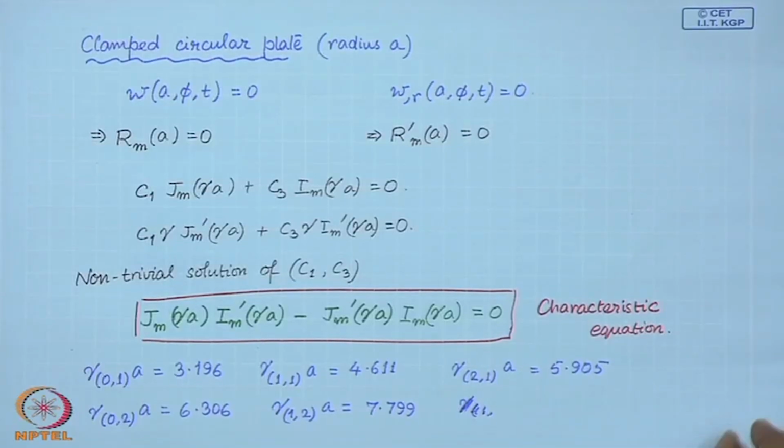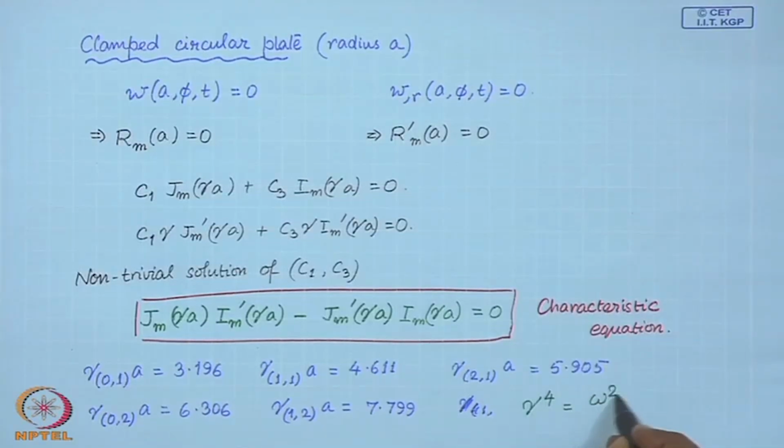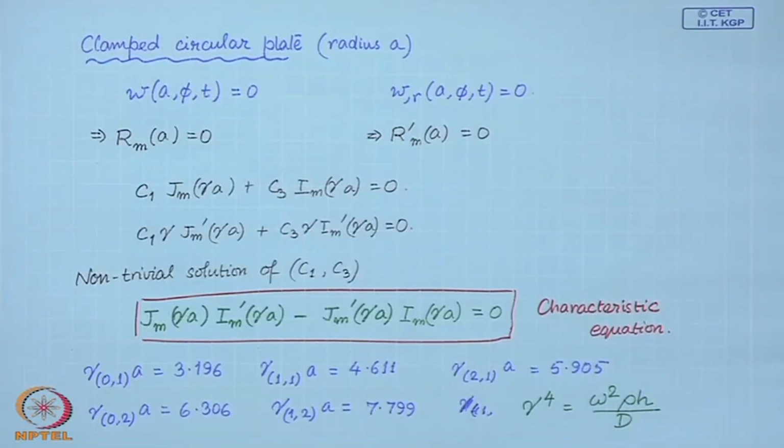So these are some of the initial values of gamma, and we already know that this gamma power 4 is related to the frequency. If you know gamma, then you can determine omega from here.